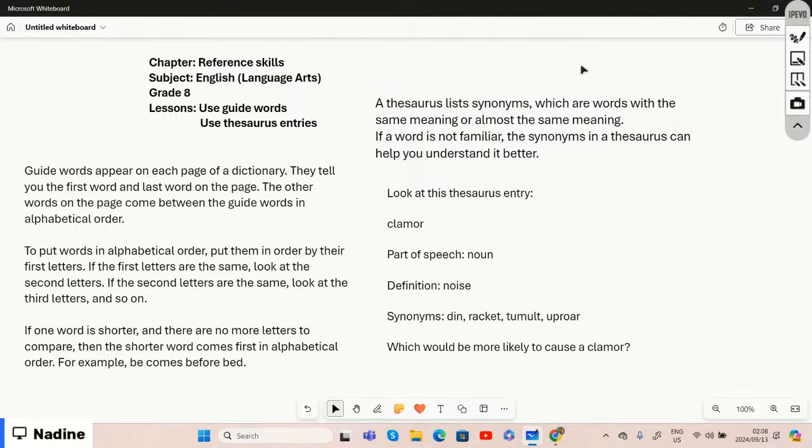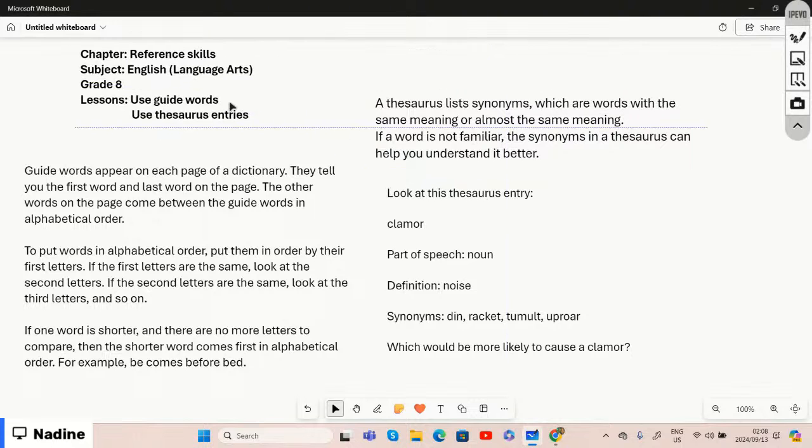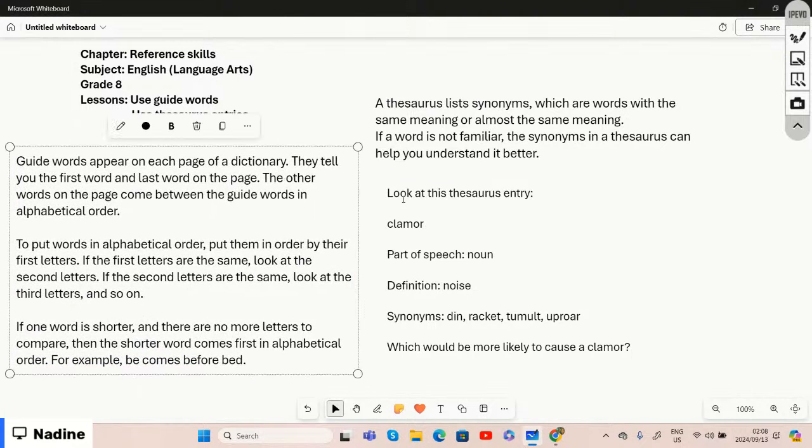All right, so when it comes to reference skills, then we have guide words. We have dictionaries that we use, and we have thesauruses that we use. So when it comes to either using a dictionary or using a thesaurus, within either our dictionary or within our thesaurus, we will have words that will guide us.